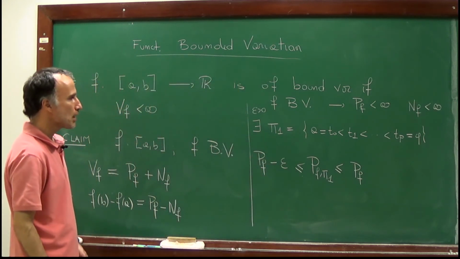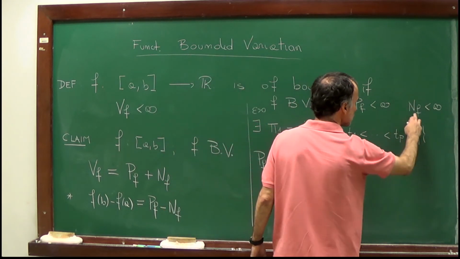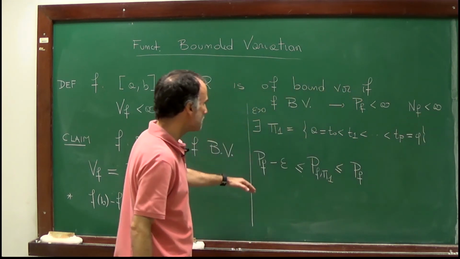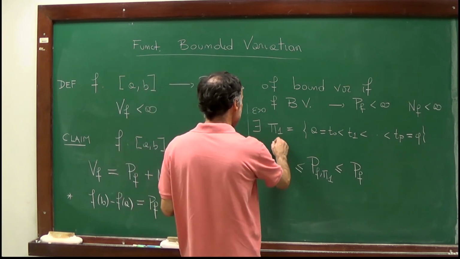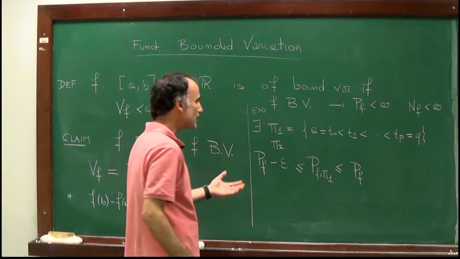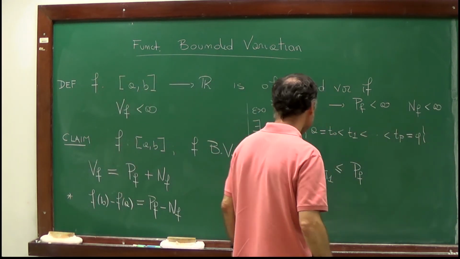Okay? And it's clear, because the total negative variation is finite, that the same is true for the negative variation. But maybe it's a different partition. So let me call pi 2 a second finite partition, which almost attains the negative variation.